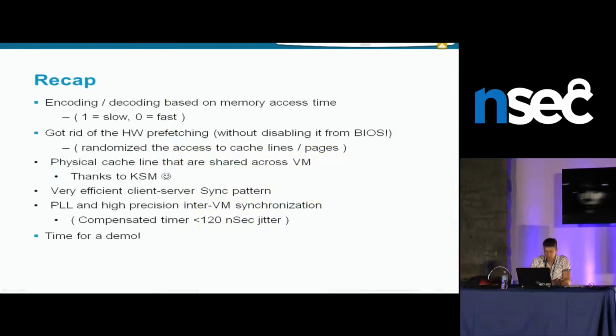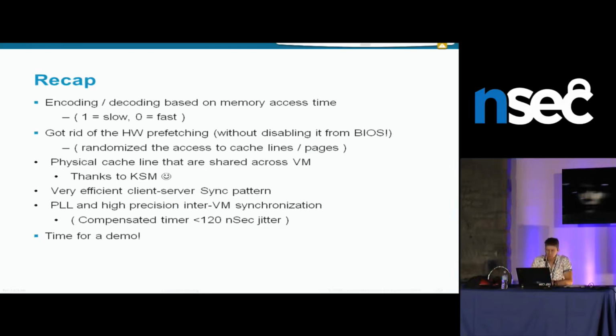We have an encoding and decoding scheme based on memory access time: 1 is slow, 0 is fast. We managed to get rid of the hardware prefetching logic without fooling around with the BIOS. We found some physical cache lines that are shared across VMs, thanks to KSM. Now I'm sure some people are asking, what if KSM is not enabled? No worries.